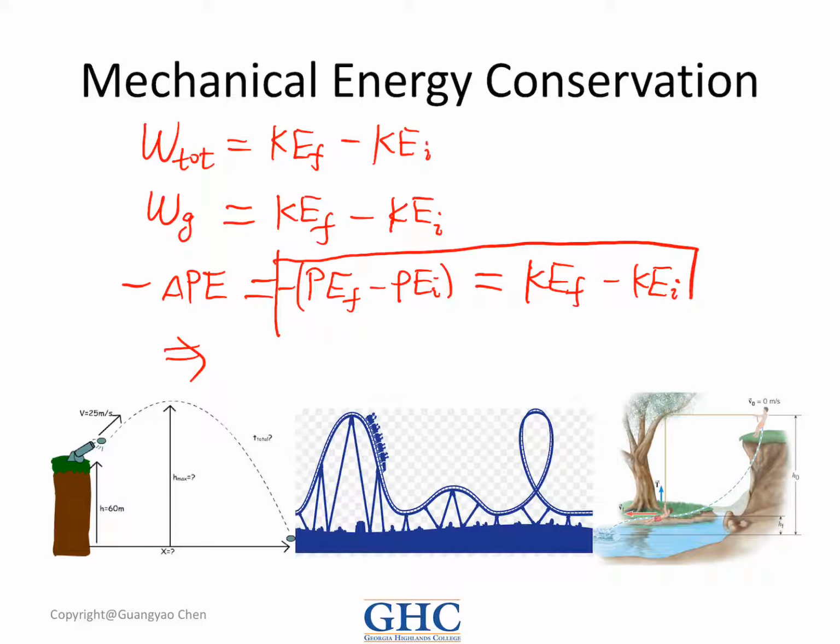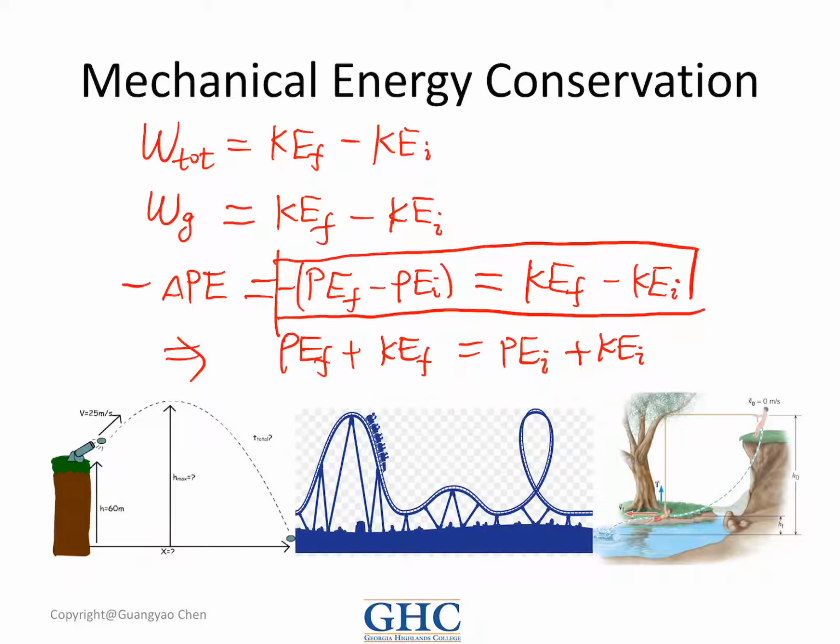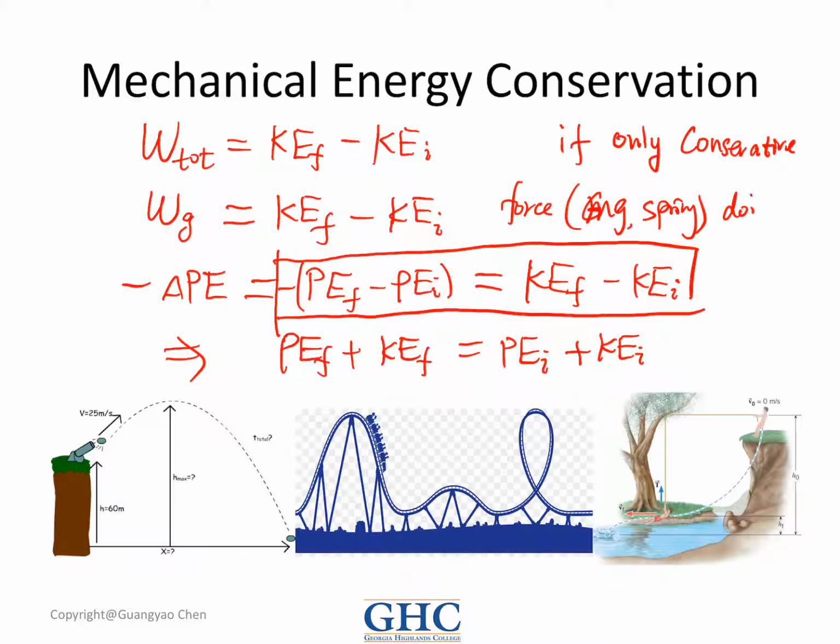So using this equation, after a little bit of rearrangement, we have PEf plus KEf equals PEi plus KEi. So potential energy plus kinetic energy of the system is conserved if only conservative force is doing work.